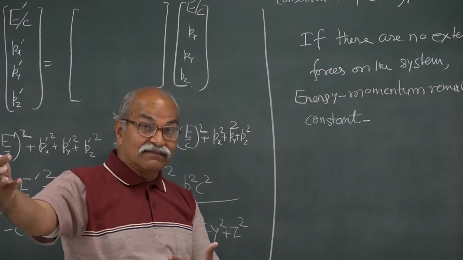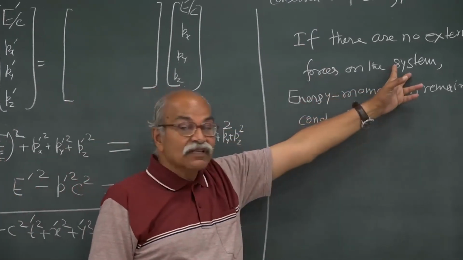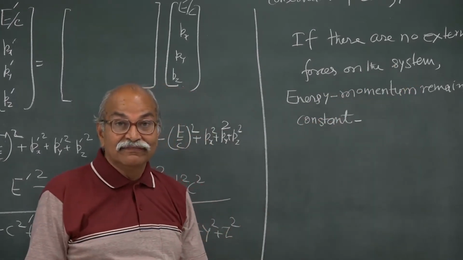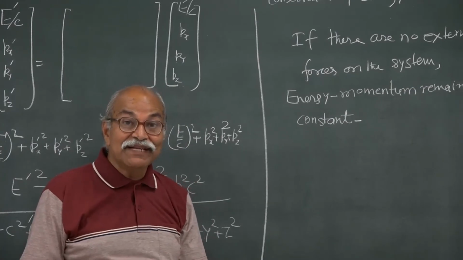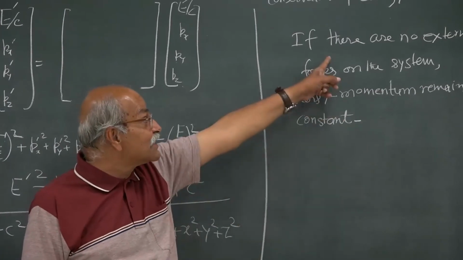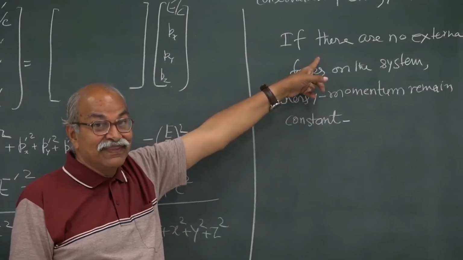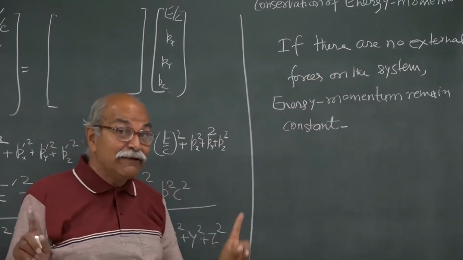Time passes. The system may undergo changes. Its energy and its momentum, that has to be seen. If no external forces are there on the system, then this energy momentum remains constant. I am using the same frame.